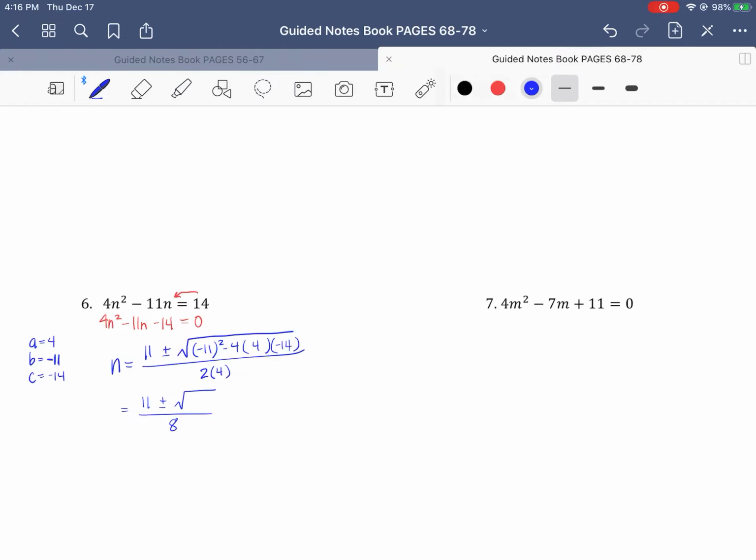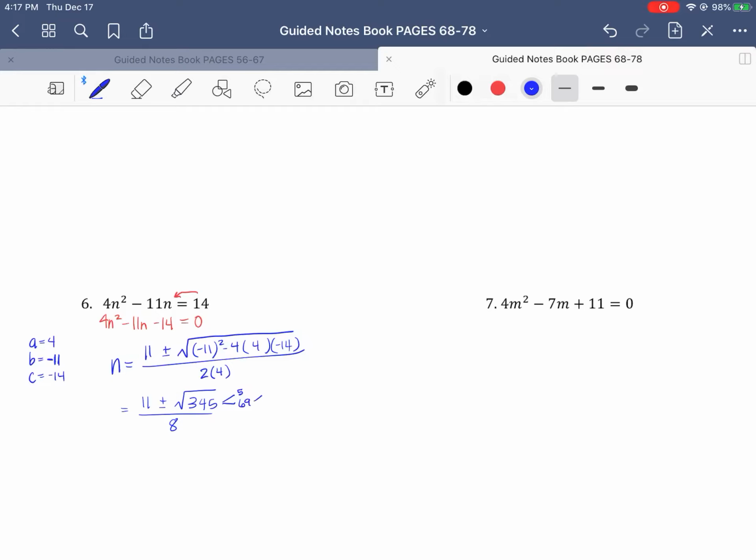You're going to have the -11, and then again make sure that negative is in the parentheses, -4 times -14. So we're going to get 345 in here. So 345, we can see if that breaks down. It looks like it's going to break down by 5 and maybe 69.